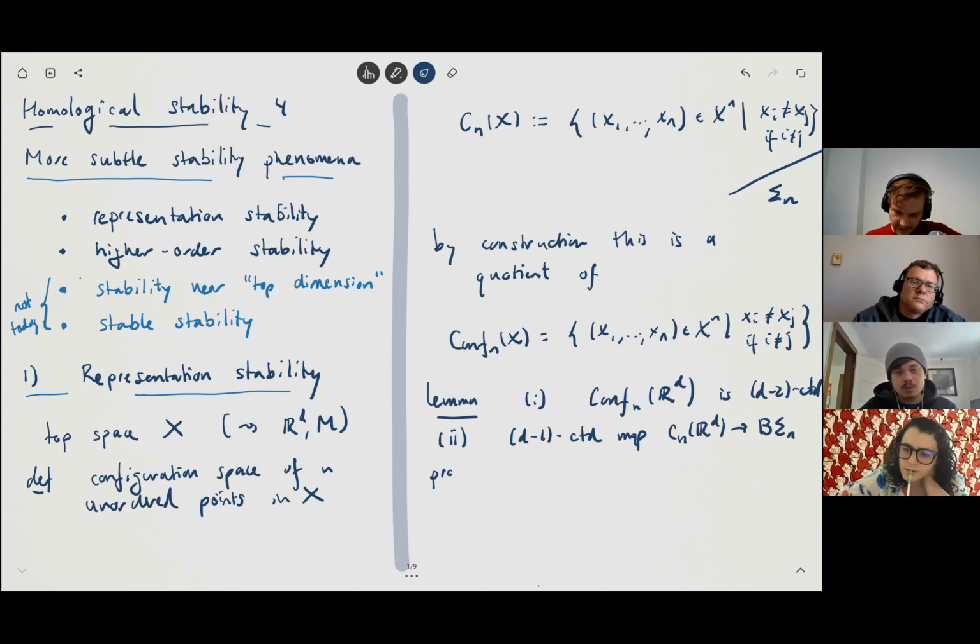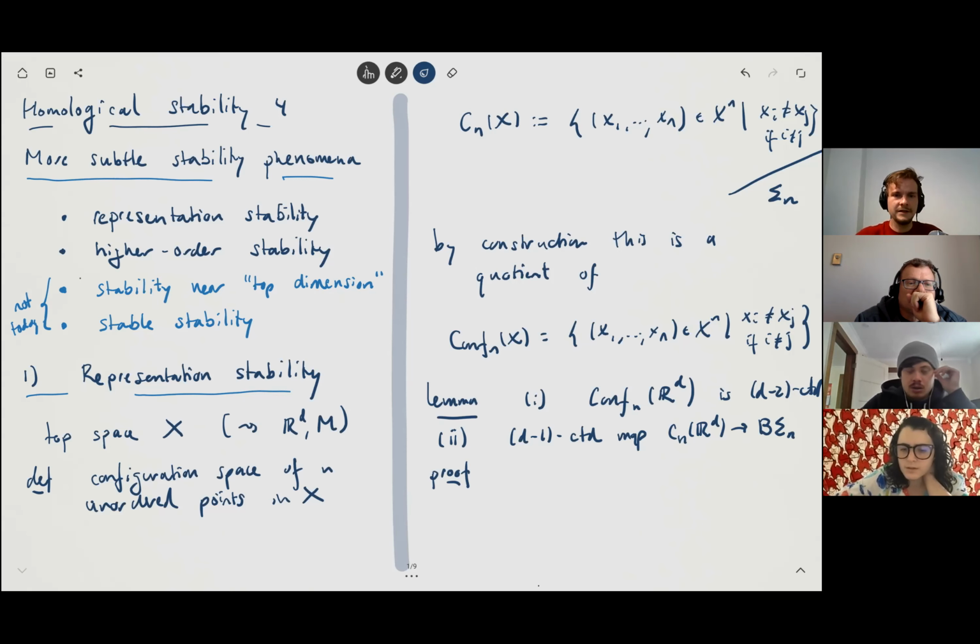The second is an easy consequence of the first, because the action of the symmetric group on this configuration space is free, properly discontinuous. So the quotient is a homotopy quotient, and all we're doing is replacing this highly connected space by a point.